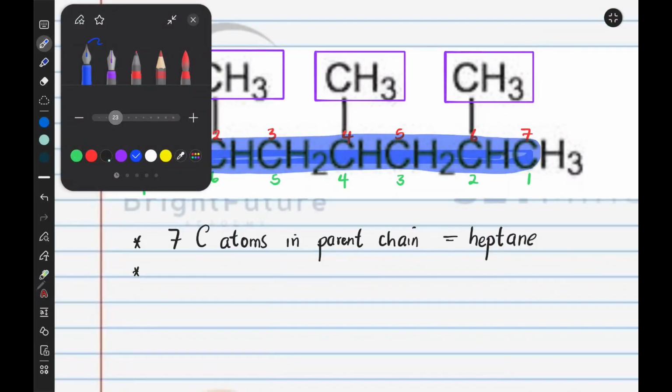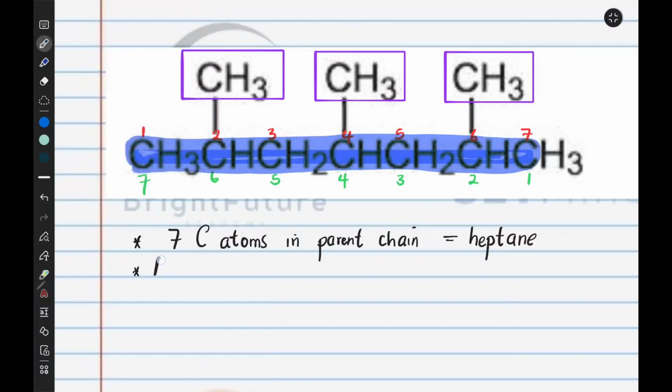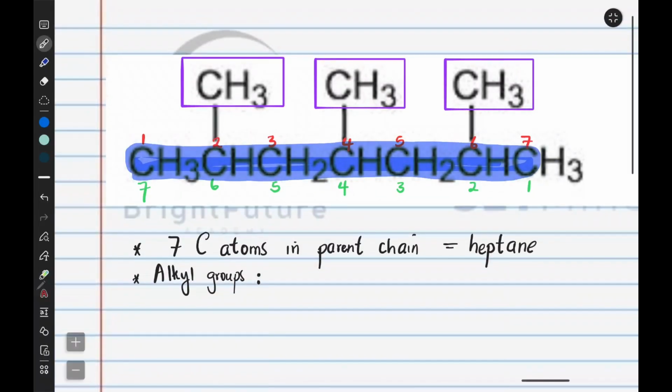I see that I have alkyl groups in these 3 positions, okay? So let me just list them here. In position 2, I have ethyl. Sorry, that's a mistake. It should be methyl because it's 1 carbon atom. I have 4 methyl again, 1 carbon atom.